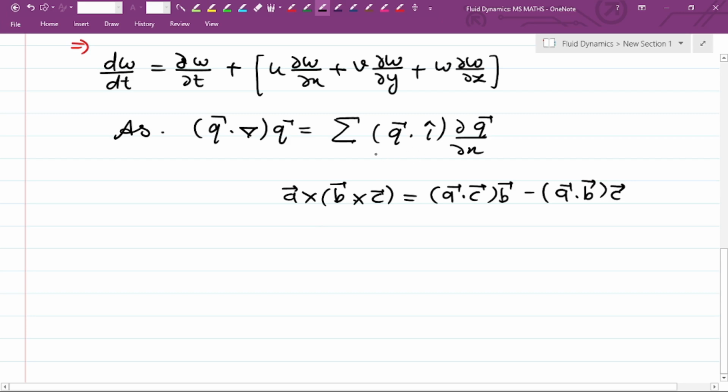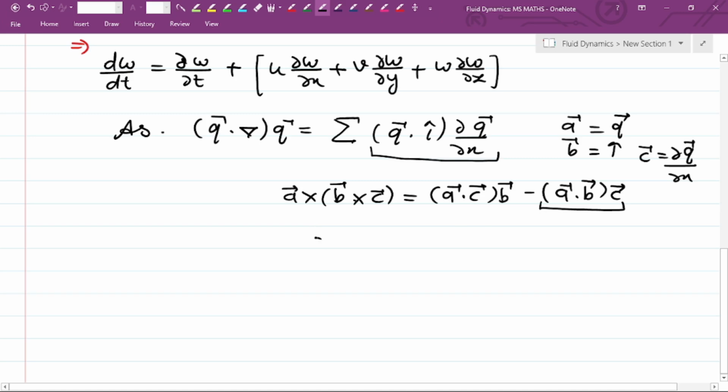So we can consider this way: a vector is basically q vector, b vector is I cap, and c vector is dou q vector by dou x. Then a vector dot b vector into c vector is basically the a vector dot c vector into b vector minus a vector cross b vector cross c vector.